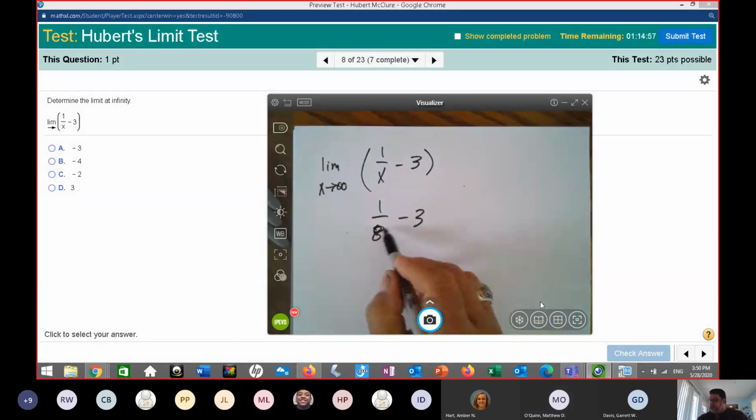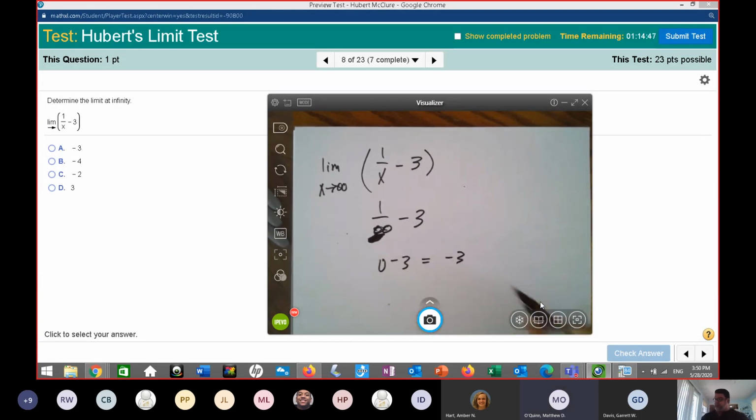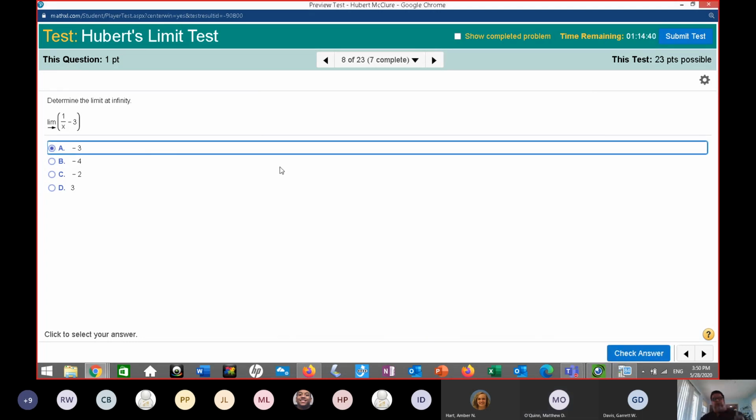Oops, infinity is this way. What is 1 over infinity? 0. What's 0 minus 3? -3.